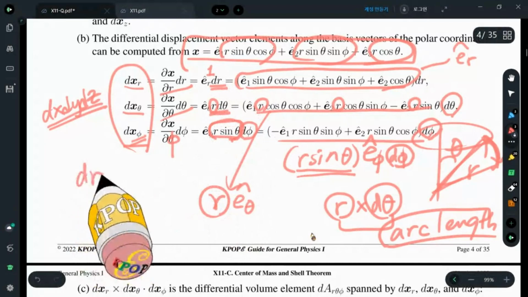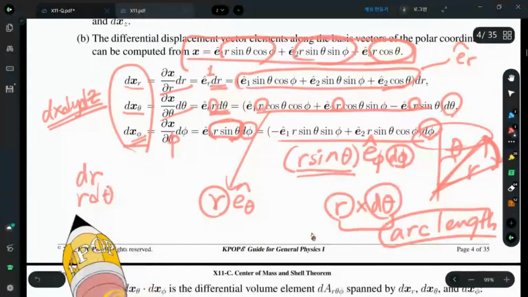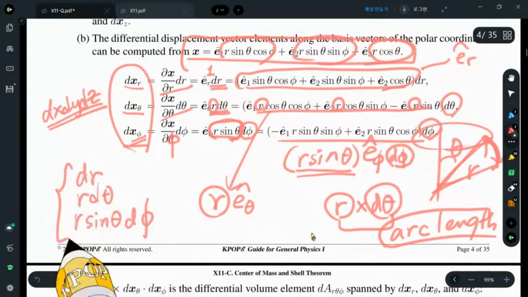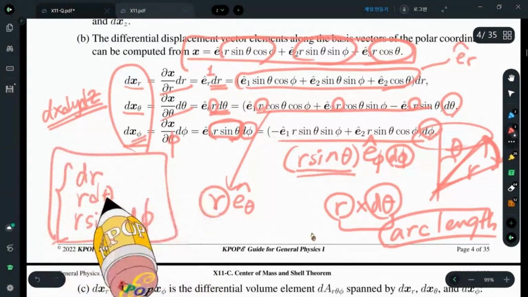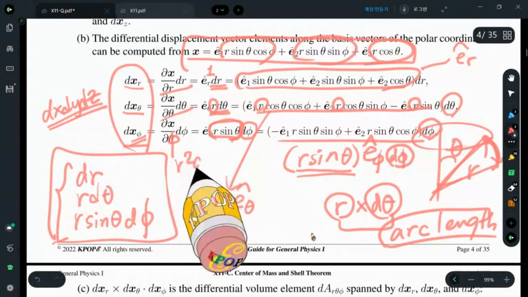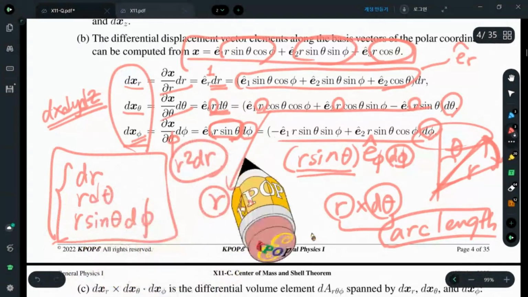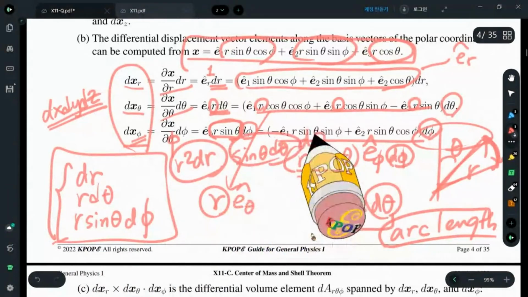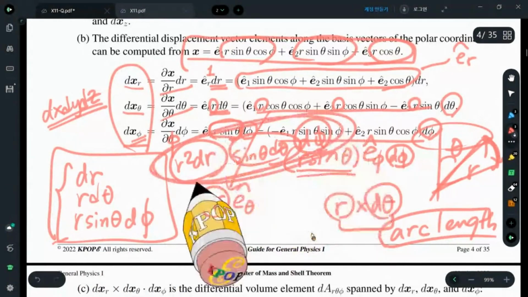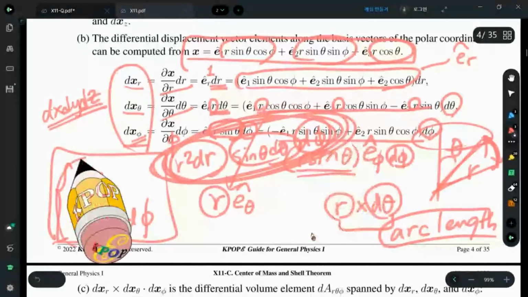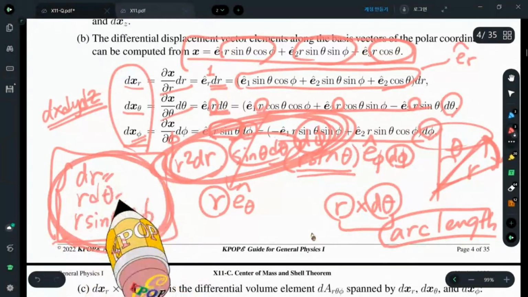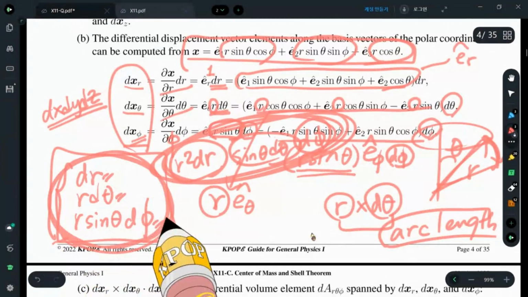Therefore, what I have is dr, r d theta, r sine theta d phi. This product, what is that? r squared dr and sine theta d theta, and then d phi. This product makes a volume generated by the differentials dr, d theta, and d phi.